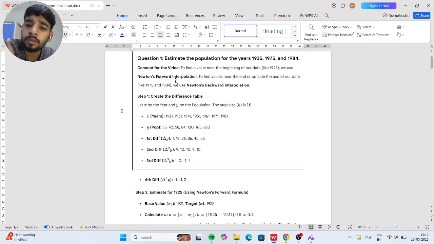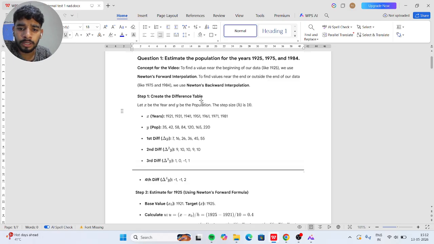To find a value near the end or outside the end of our data, like 75 and 84, we use Newton's backward interpolation. If we are taking the initial values like 25, 27, which relate to the entry level, we can find them by Newton's forward interpolation, and for the values coming at the last, we will use Newton's backward interpolation.